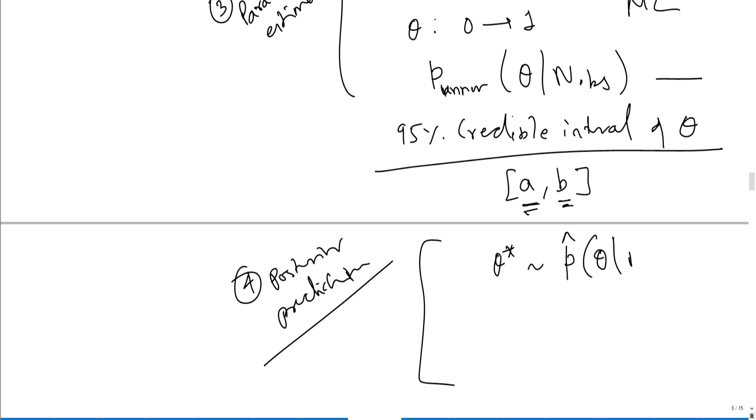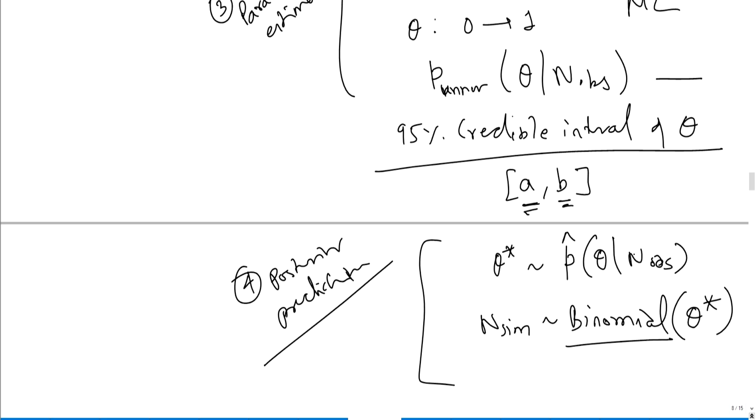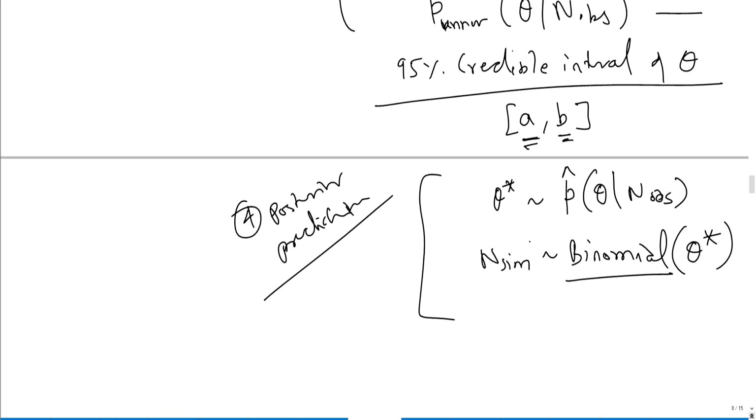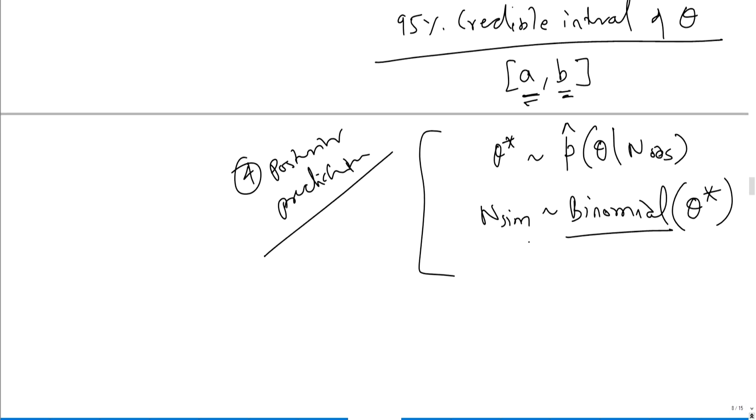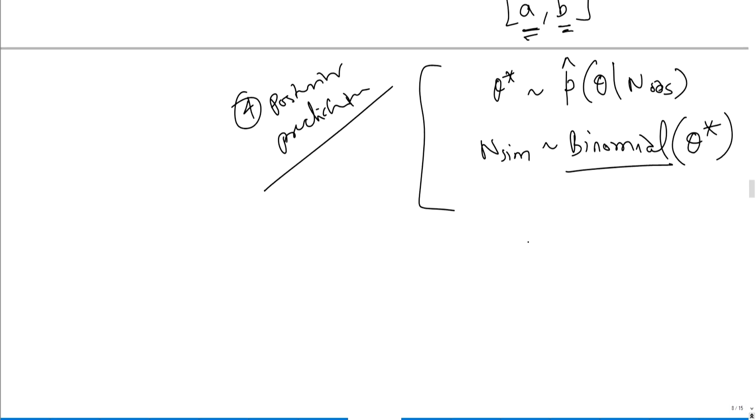Posterior distribution of theta given the data that you have observed in your experiment, and then conditional on that theta, you can now simulate new data from the binomial distribution, the assumption about how the data are generated, right, given this theta star from the posterior distribution, right. So, this will give you posterior predictive samples in the same way as you collected prior predictive samples.